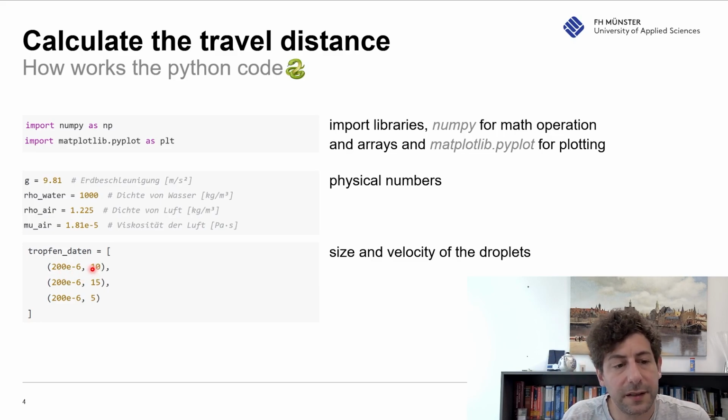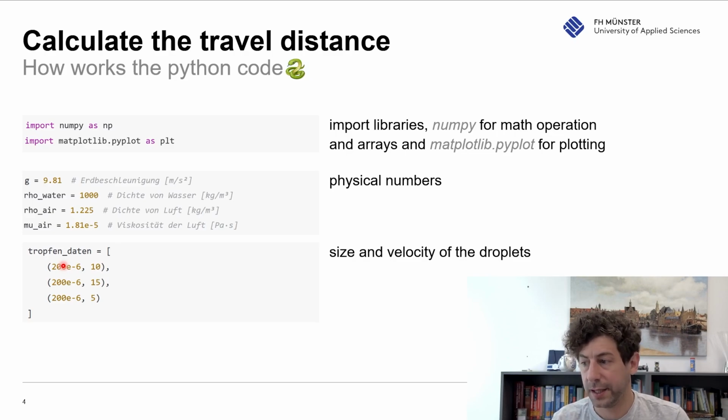And the velocity is 10 meter per second, 15 meter per second, or 5 meter per second. So in this array, I can play with the size and the velocity of the droplets. I can change this and then ask the computer again to calculate.